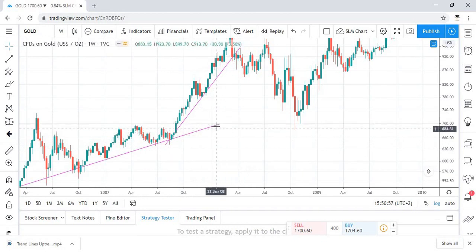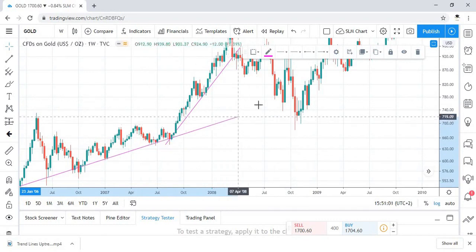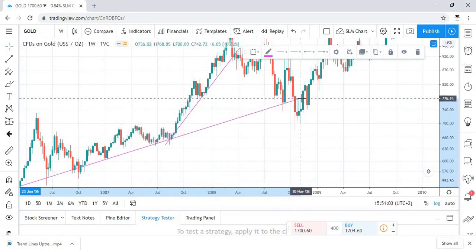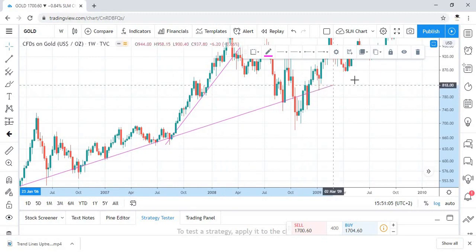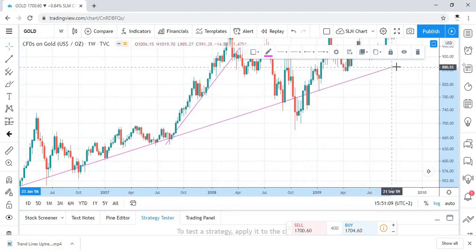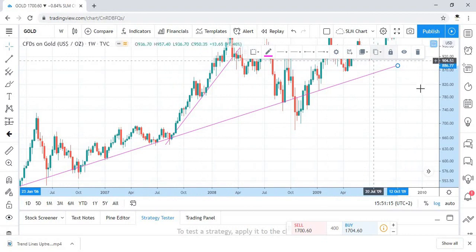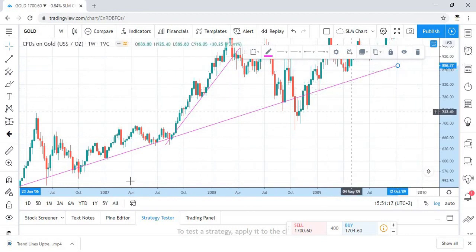So in this case, this is the line that we had drawn from the previous. So I'm going to just continue to extend it. Because remember, when we drew this line, we were not seeing the other side of the screen.